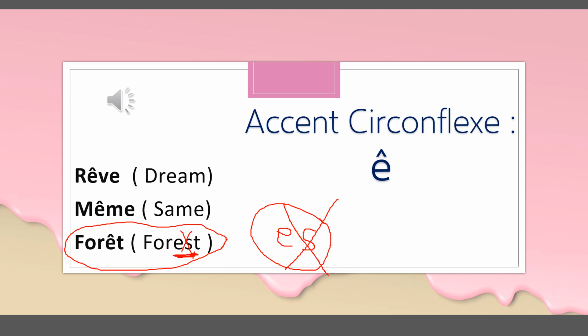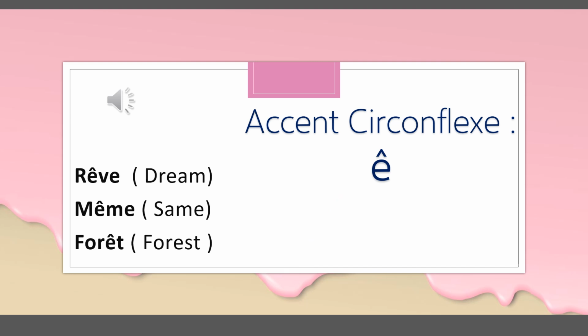Forêt. It used to be forest, okay, but they did not want to keep that S, so it began as forêt without pronouncing the S, and then eventually they dropped the S and they put that little hat on top of the E. That's the origin. So forêt, okay.